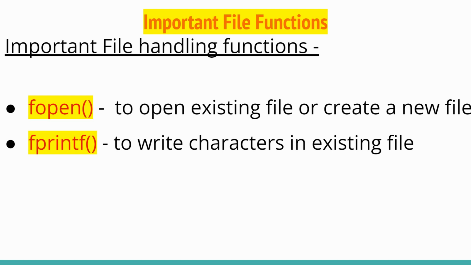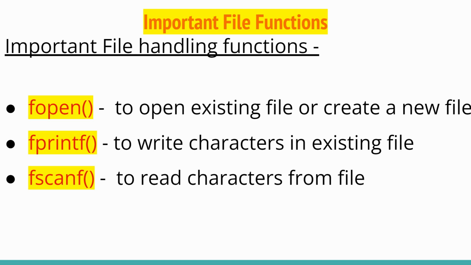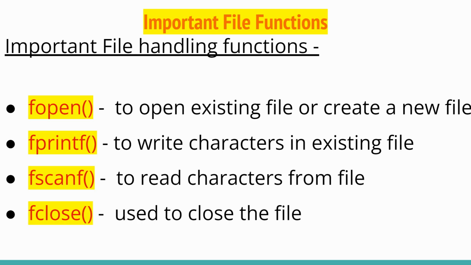Like in C language we use printf to display anything onto the screen, similarly here we have fprintf, meaning the file related printf function. Similarly, fscanf: if you want to read characters from a file, you can use the fscanf function. And the last one is fclose. It is used to close the file. So these are four very important functions.